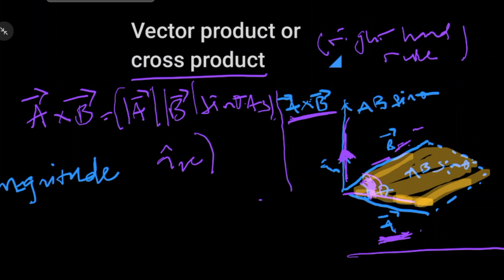The smaller the angle, the smaller the strength. So let's say the angle is 0. When we punch in sine 0 in our calculator, we get 0, because there's no angle between them. So the greater the angle, the greater the strength of the vector.